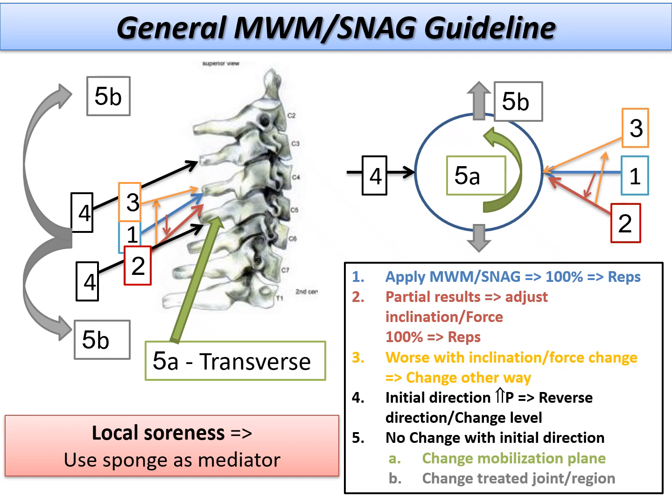When there is no change in symptoms in the initial application in the spine, a change of plane can be used by moving from a central SNAG to a unilateral one or by applying a lateral SNAG. That will be arrow number 5A. Another option, 5B, in response to no change, is to SNAG in a different relevant region. For example, moving from the upper to the lower cervical spine, or from the lumbar spine to the sacroiliac joint or hip.